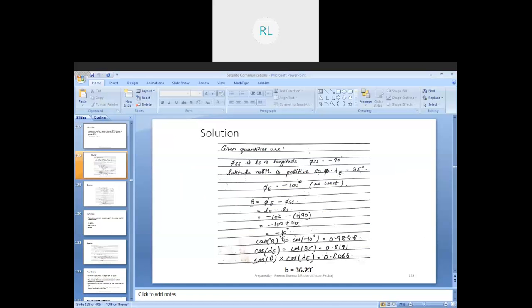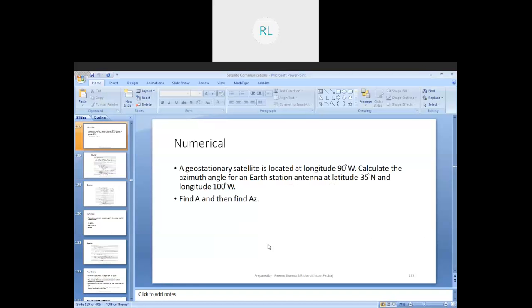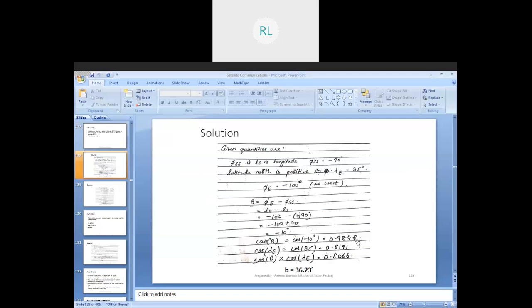And then we have the formula, right? B is equal to phi e minus phi SS. So it is minus 100 minus of minus 90. Minus of minus gives plus 90, which is nothing but minus 10 degrees.